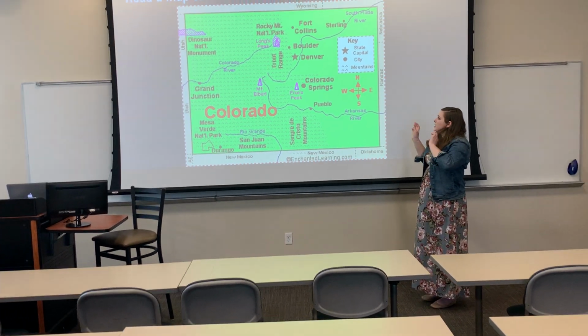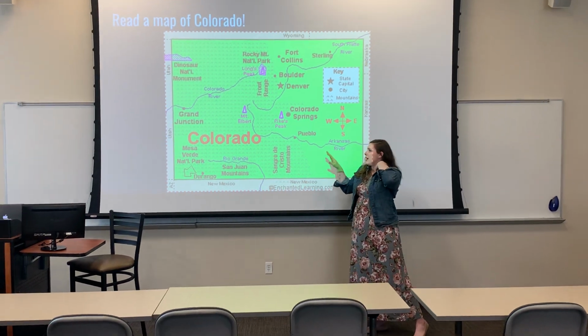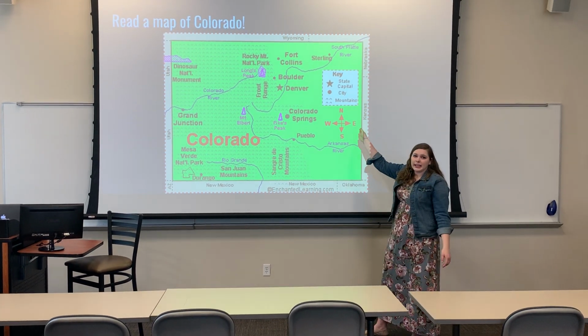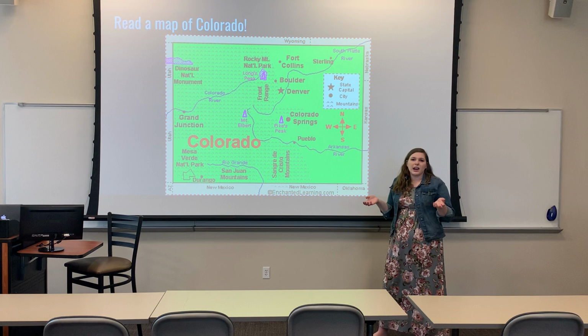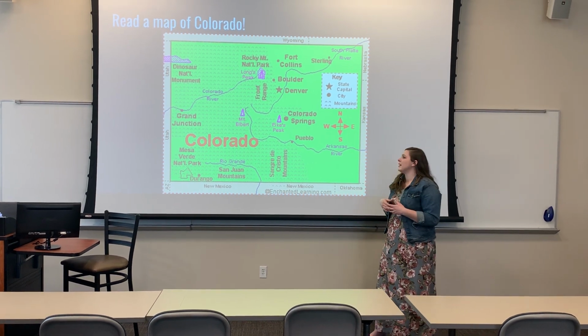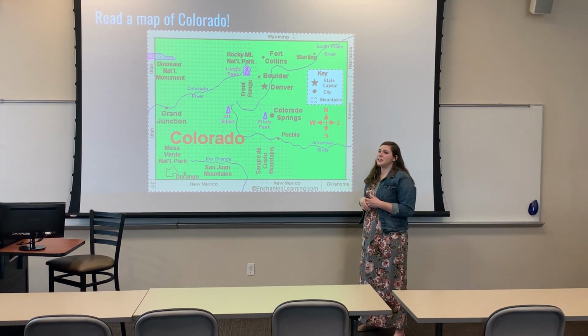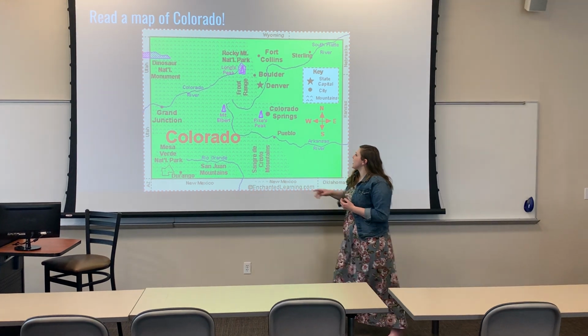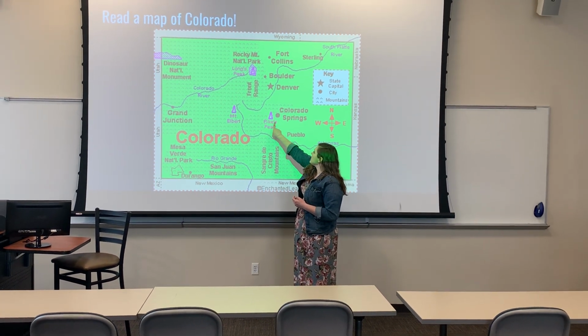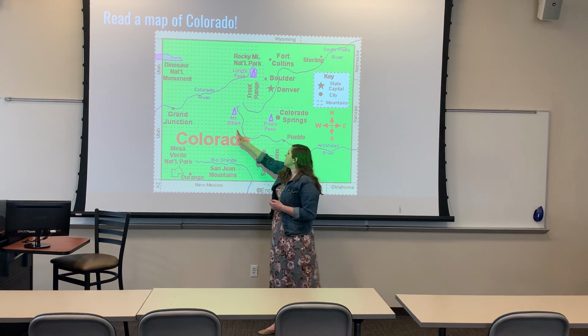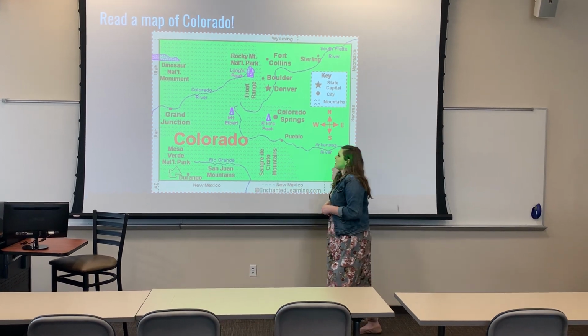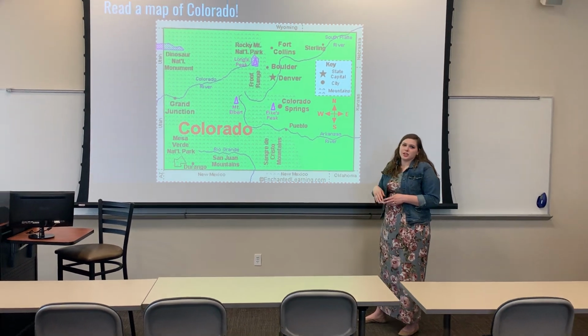You'll also note there's other things on the map that are not necessarily pointed out in the key here. And that's okay, not all keys for maps have every single thing that's on the map. So you'll notice there's some of the important mountains, like Pikes Peak is here, Mount Elbert is here, and they didn't write that on the key, but they still wrote it on the map.